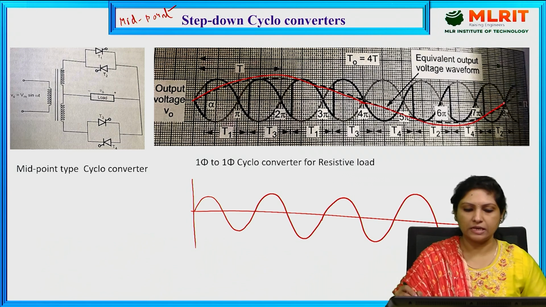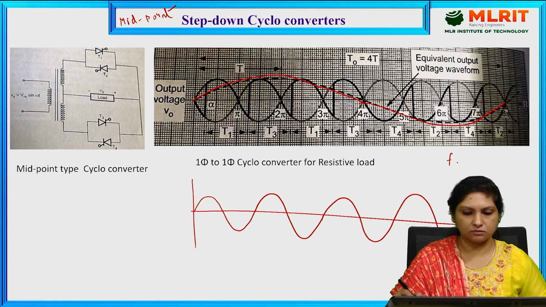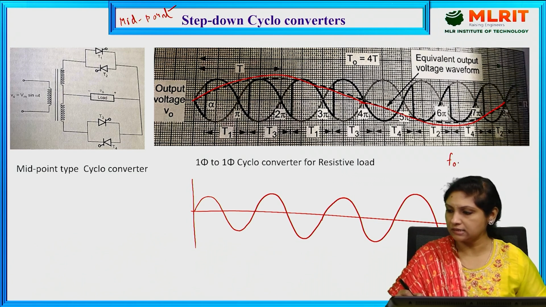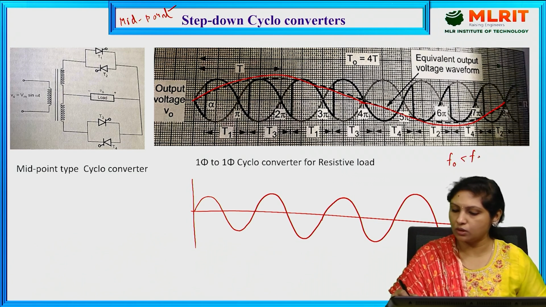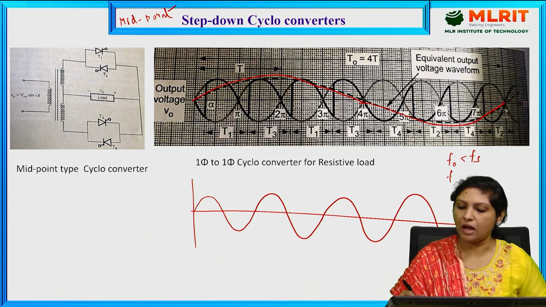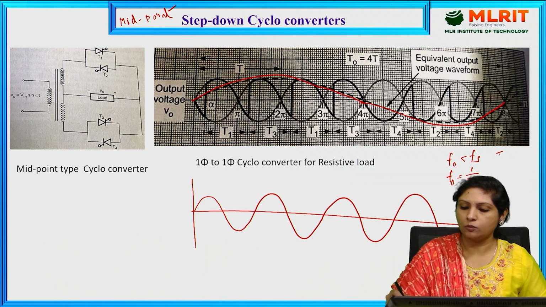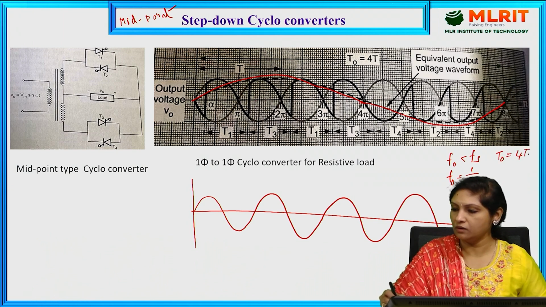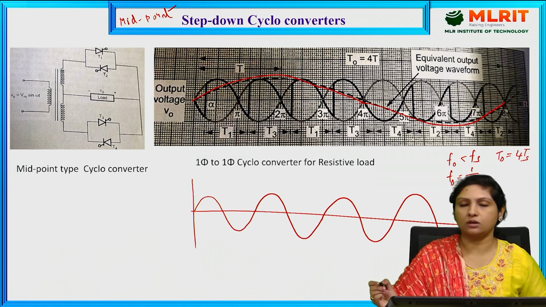That means here f0 is less when compared to that of the supply frequency. As we all know, frequency is 1 by time period, where output time period is equal to 4 times that of the input time period.